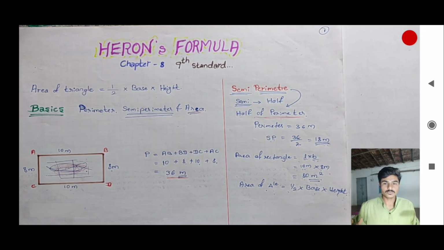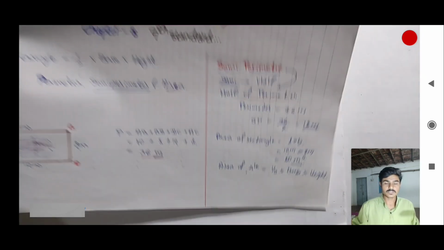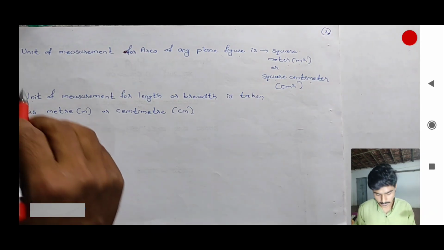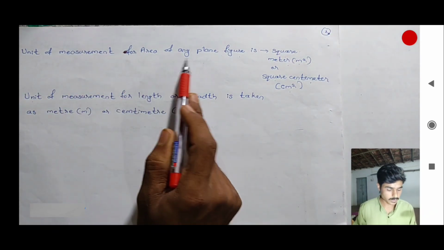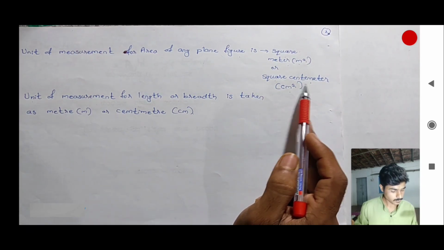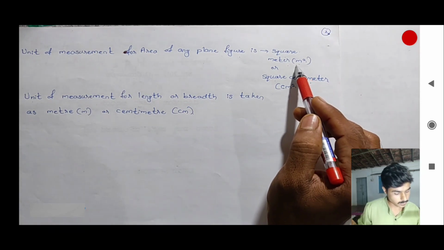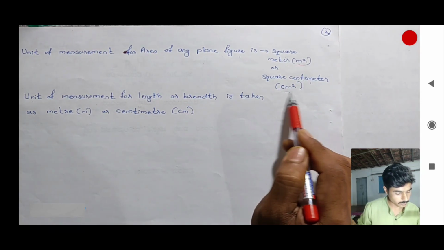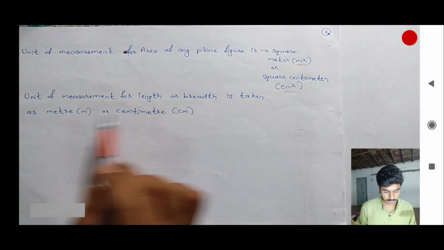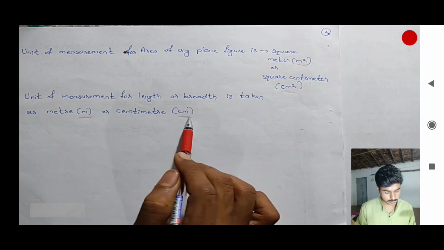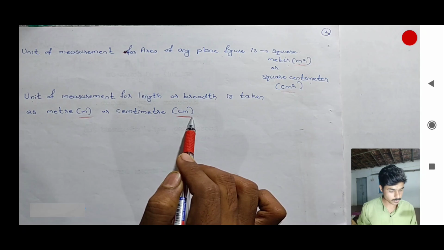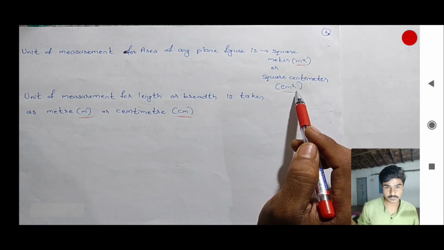Let us move on to some more basic concepts such as units of measurement. The unit of measurement for area of any plane figure is square meter or centimeter square. It is denoted as meter square or centimeter square. Likewise, the unit of measurement for length or breadth is meter or centimeter. If we find the value of area, we need to write it as meter square or centimeter square.